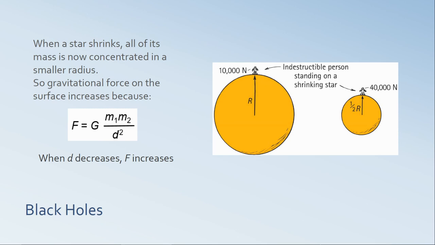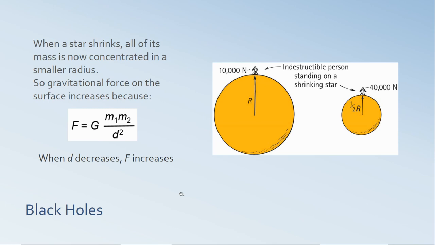Okay. So if we have a person, an indestructible person, standing on this star as it's shrinking, we can see, okay, he's exerting a force of 10,000 newtons. Okay. As the radius gets smaller, now all of a sudden it's the same mass, but the radius is smaller. He's exerting a force of 40,000 newtons.